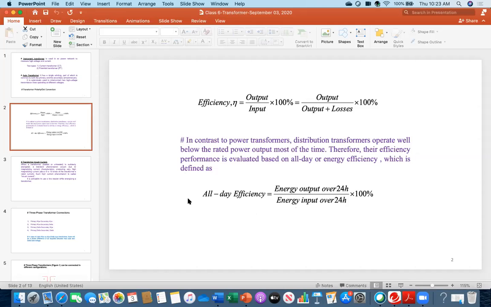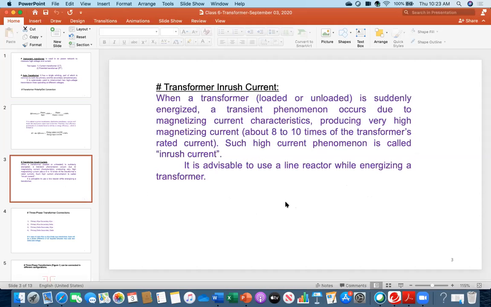Okay, then moving forward, you will find a phenomenon or concept which is called transformer inrush current. This is very important. When a transformer, whether loaded or unloaded, is suddenly energized, then a transient phenomenon occurs due to magnetizing current characteristics, producing a very high magnetizing current.